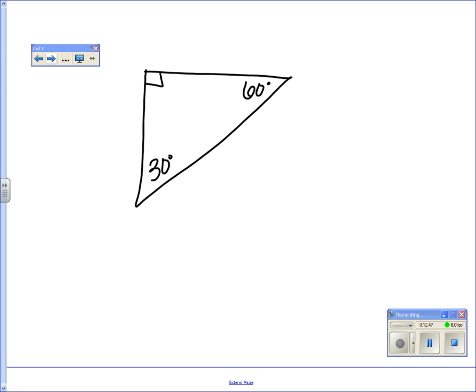What goes here? What goes here? And here? Any questions here? Do you understand how this works? Yeah, it does. You have to learn this. If you don't learn it, it's going to be a lot more difficult to do the ones with 30, 60, 90 triangles. Any questions on the 30, 60, 90 triangles? Okay.